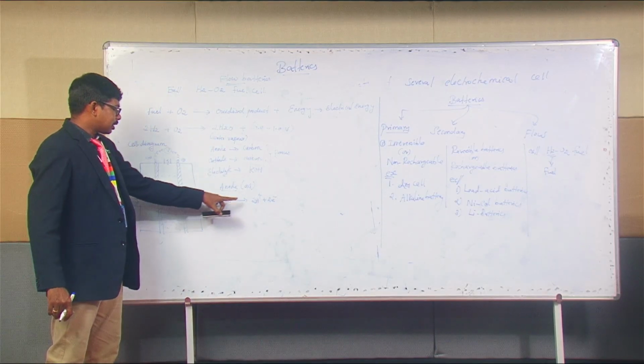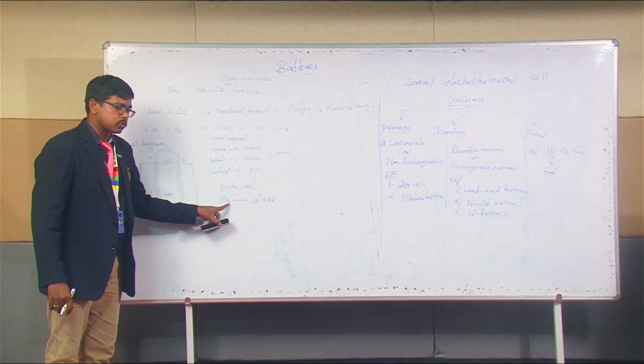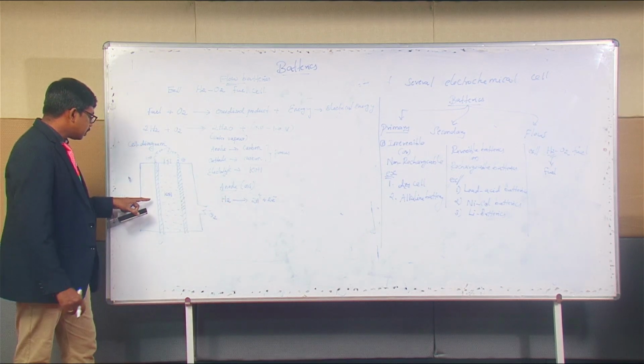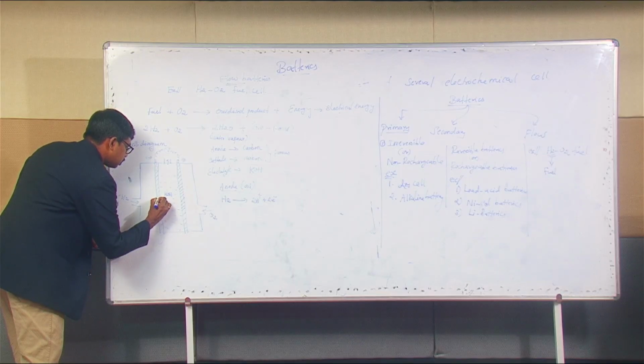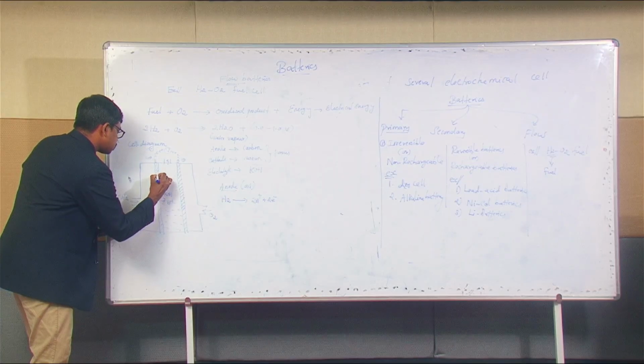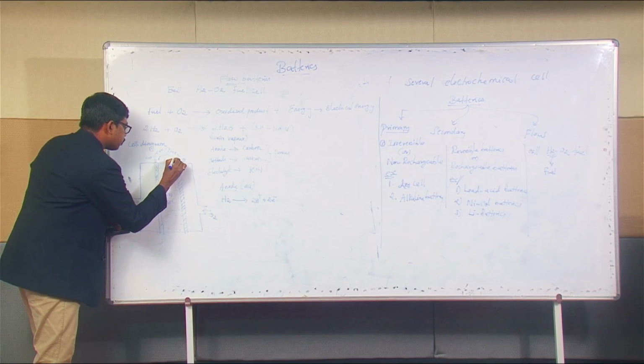So it releases 2 electrons upon oxidation. The 2H plus ions disperse through the porous electrode, and the electrons move in this manner from the anode to the cathode.